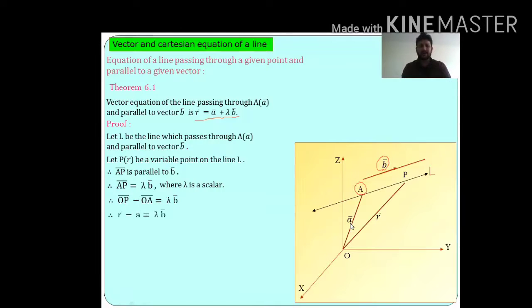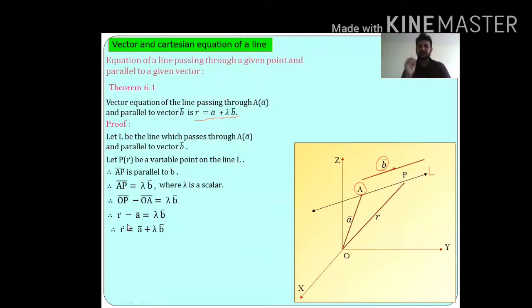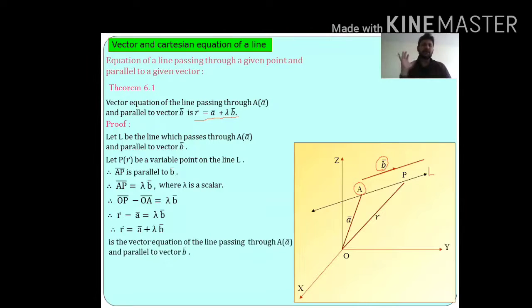So R bar minus A bar is equal to lambda times B bar. After this step, you can shift the negative vector minus A bar to the right-hand side. It will be positive. Therefore, R bar is equal to A bar plus lambda times B bar. This is the vector equation of a line which passes through the point A with position vector A bar and is parallel to vector B bar.